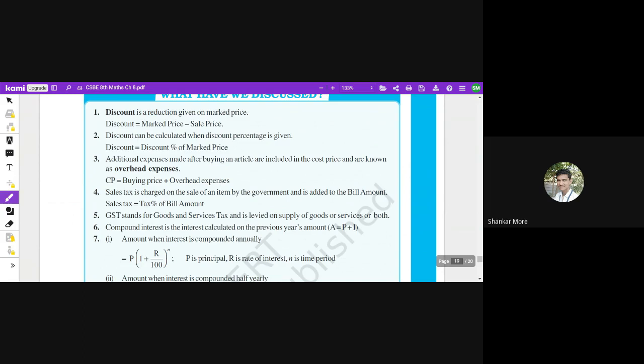Matlab usne 2,000 rupees mein bicycle layi, and there will be transportation charge, and there will be several other charges. So including that, the bicycle costs 2,500 for him, and he sells it to you for 3,000 rupees, right? Matlab jab company se bike aayi toh it was 2,000 rupees uski price, lekin overhead expenses pakad ke that cost price was 2,500, and the dealer sold it to you for 3,000 rupees. That means 500 rupees will be his profit, right?